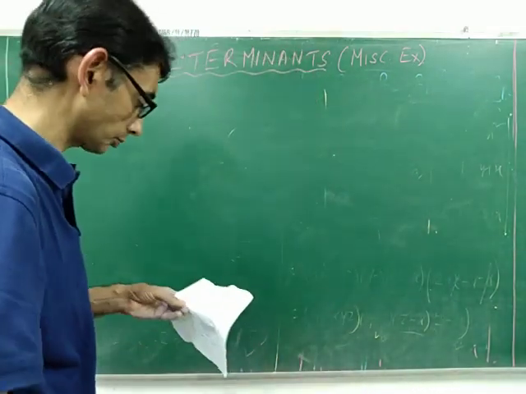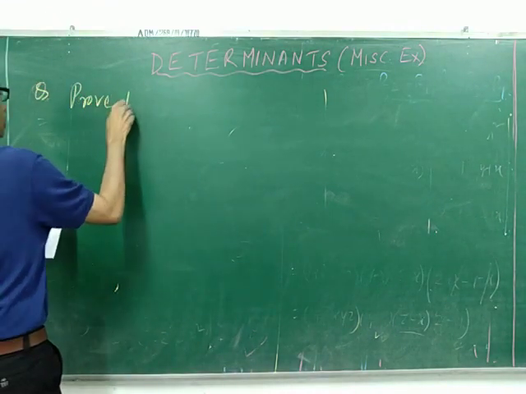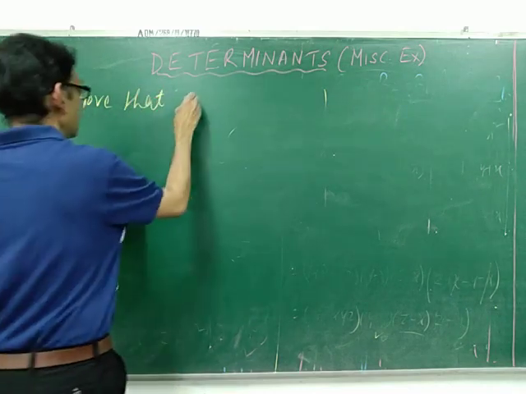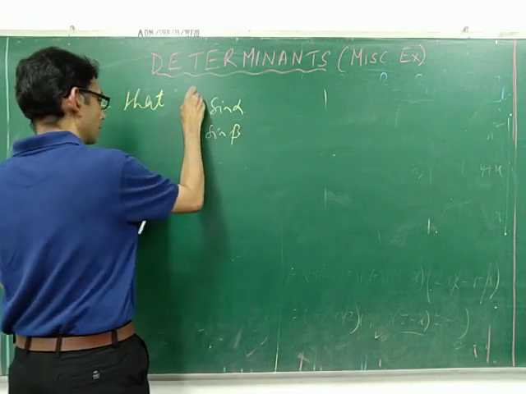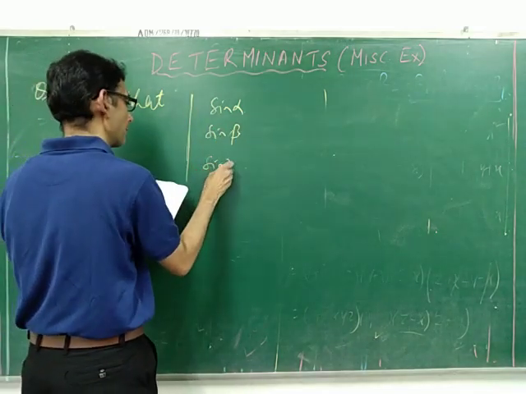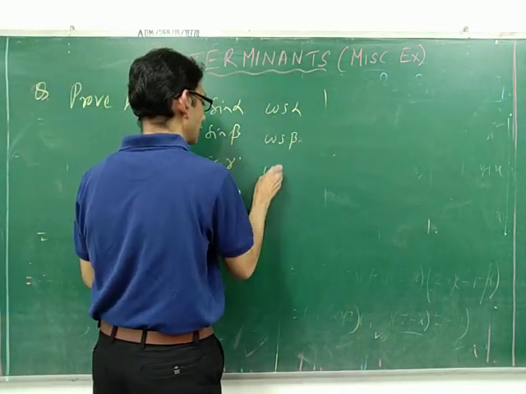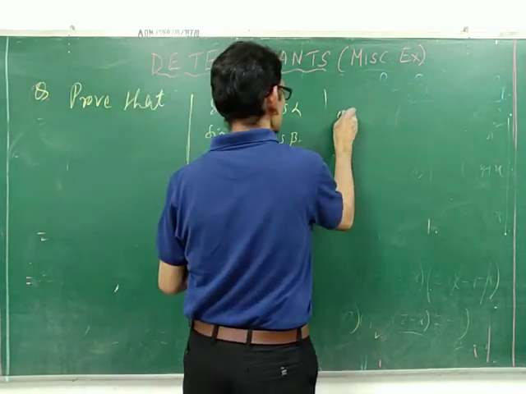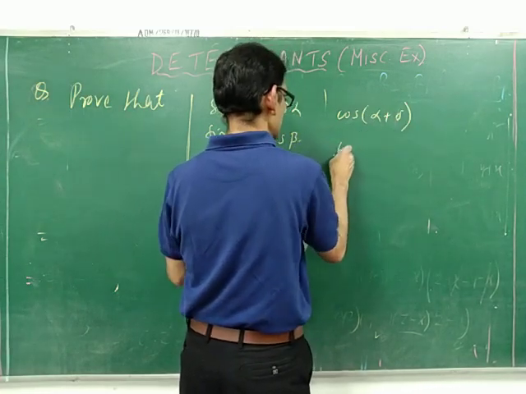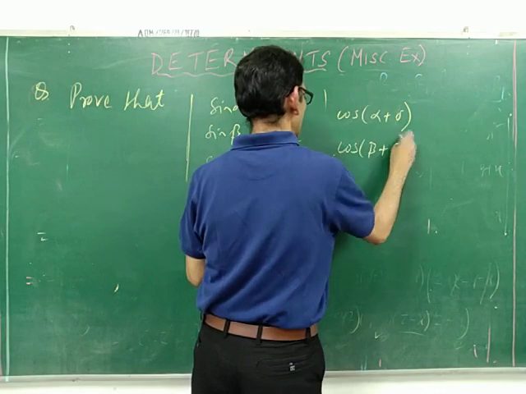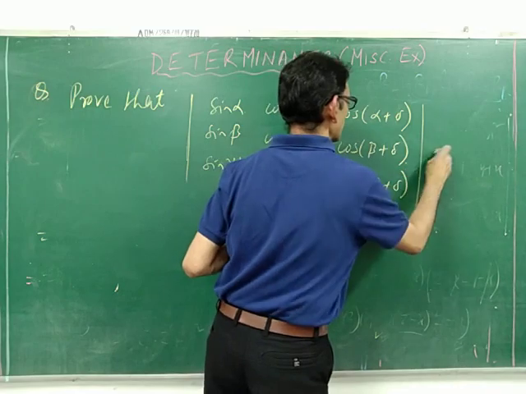The question is, prove that the determinant with rows sin alpha, sin beta, sin gamma; cos alpha, cos beta, cos gamma; and cos(alpha plus delta), cos(beta plus delta), cos(gamma plus delta) is equal to 0.